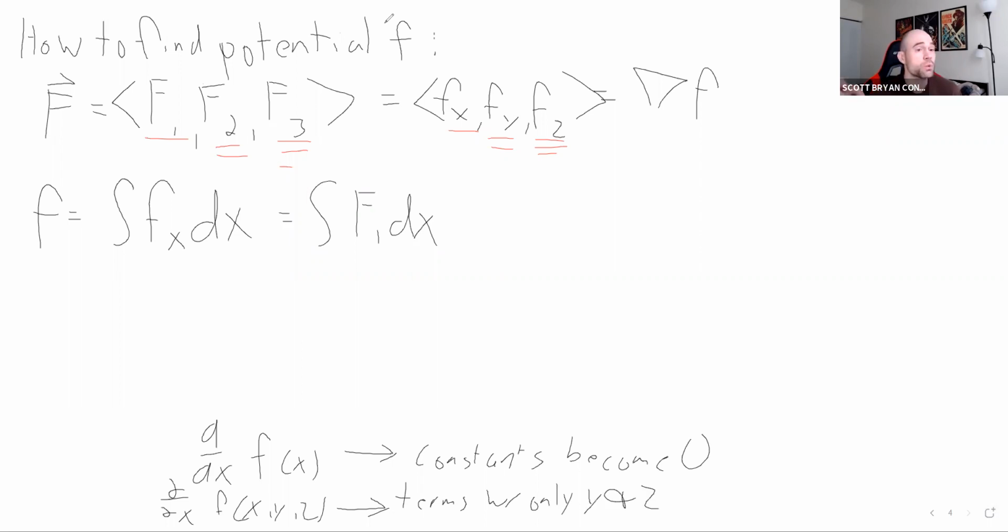So terms involving only y and z become 0. And when you integrate with respect to x, we don't know what those terms were now. They're kind of lost. So when we integrate the first component with respect to x, we don't know any terms just involving y and z in our potential function.